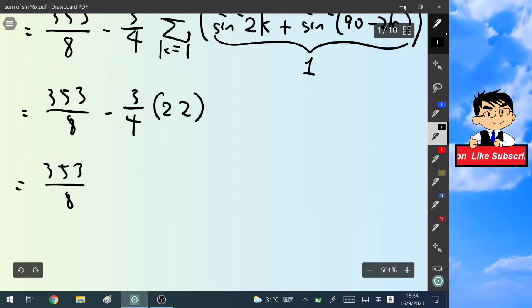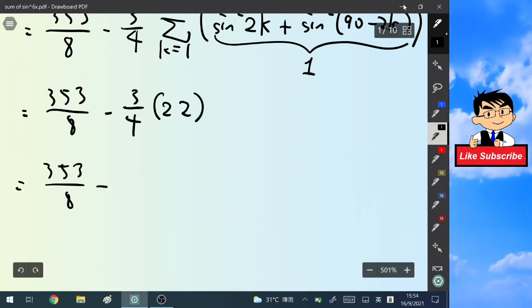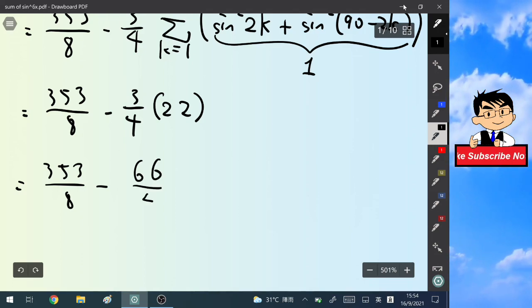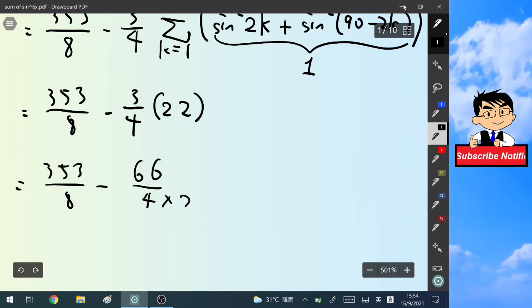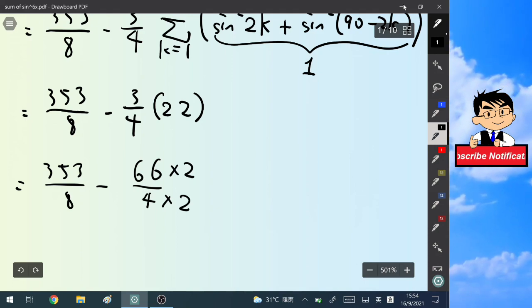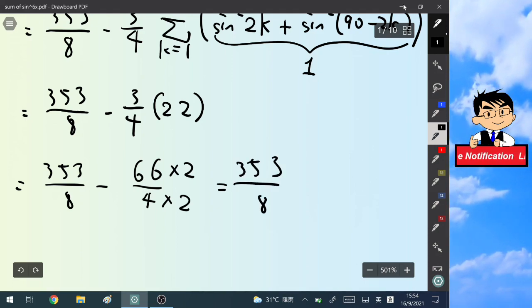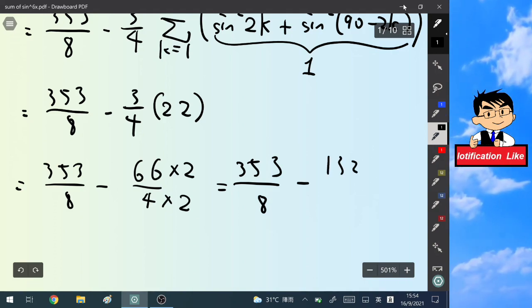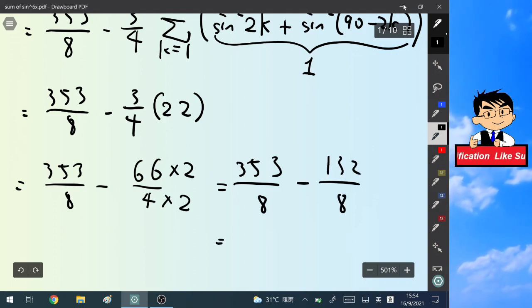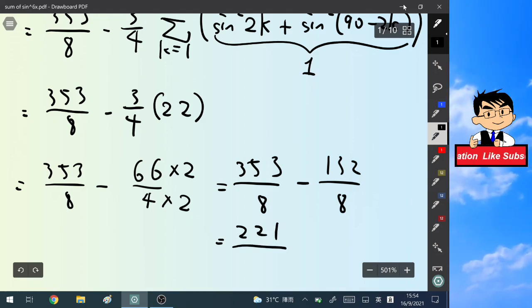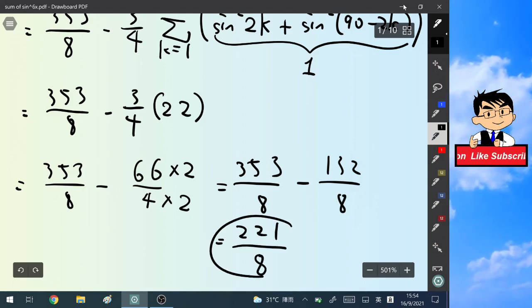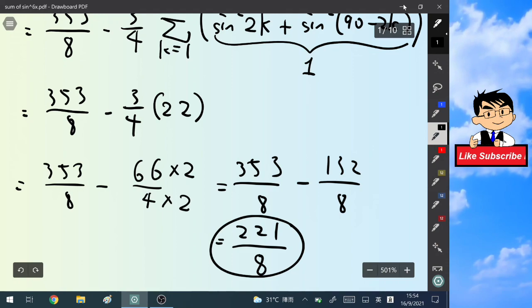And then 353 over 8 minus 66 over 4. And then we times 2 in both numerator and denominator. And we have 353 over 8 minus 132 over 8. So it's equal to 221 over 8, which is the final answer for this summation.